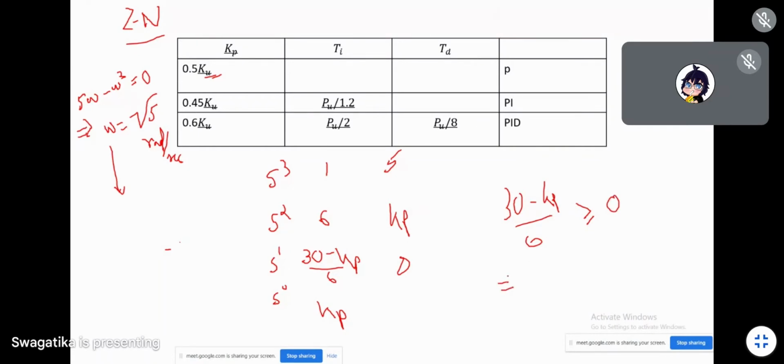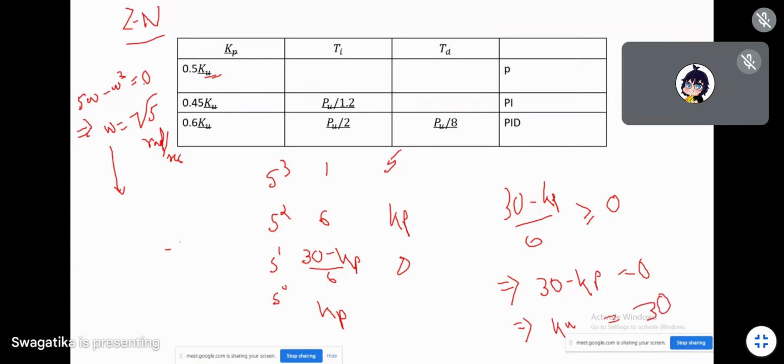Why? Because if all have the same positive sign, the system will be stable. So 30 minus Kp is equal to 0. Hence the ultimate value for Kp, or I can say Ku, is equal to 30.